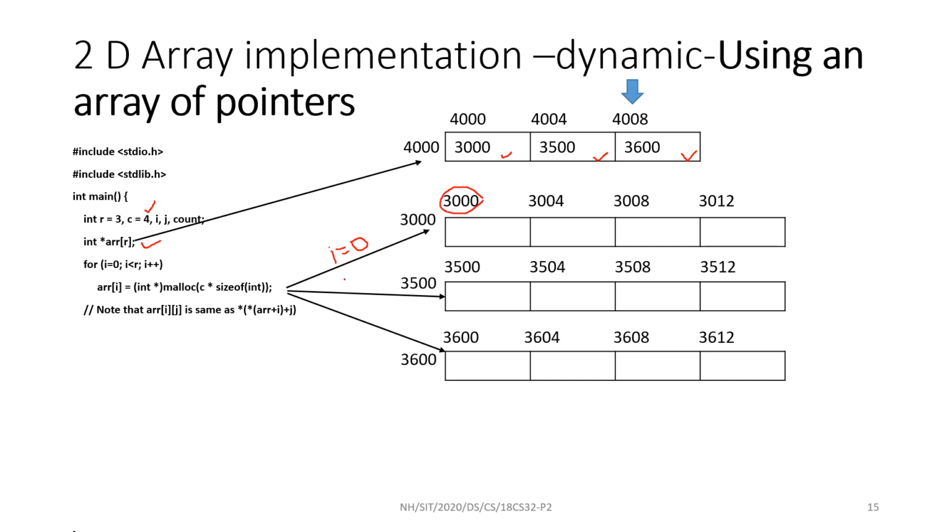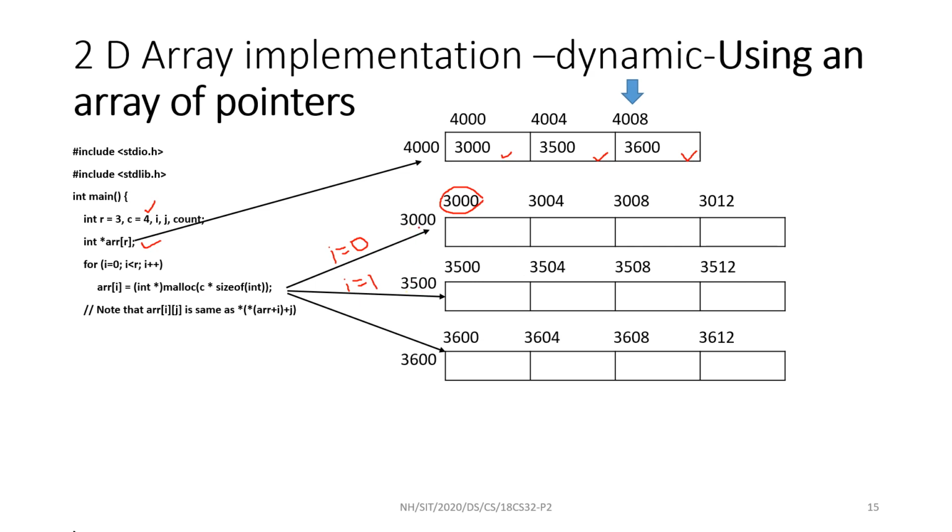Next, I equal to 1. Assume that another free location is reserved. How much memory is required? For that, again I have to apply this. See, 4 into 4, 16 locations. As you can see, these memory locations need not be continuous. They can be anywhere.